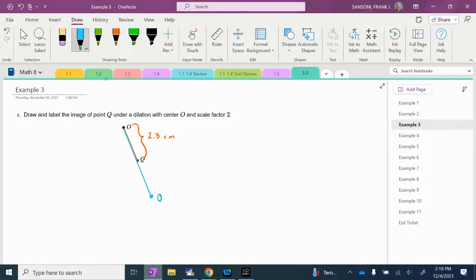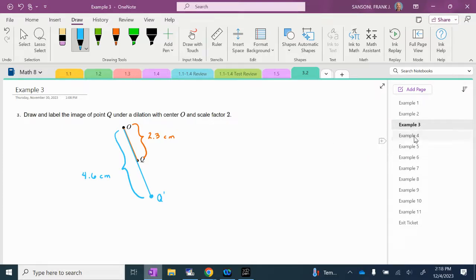So this is Q prime, which means from here to there is 4.6 centimeters. If the scale factor is 2, we double it. If the scale factor is 3, we triple it. If the scale factor is 4, we quadruple it. Okay? So everything we're doing in 3.2 is an enlargement, and then we'll start doing reductions in 3.3.